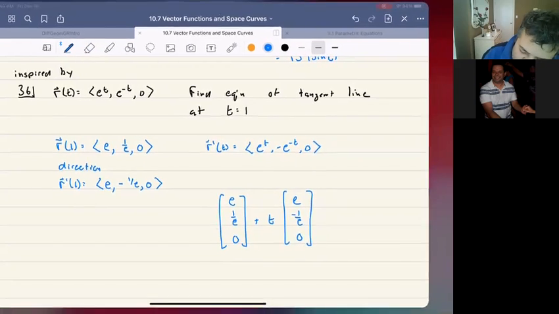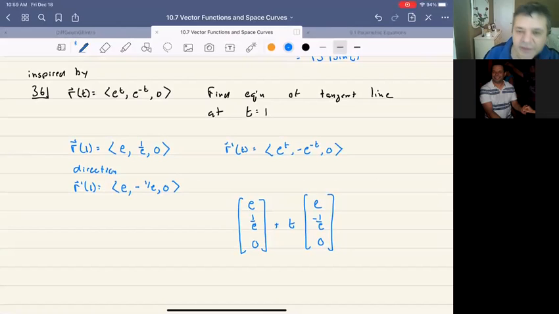This is not r of t. This is the equation of the tangent line, so let's call it something else. Let's call it tangent line of t.